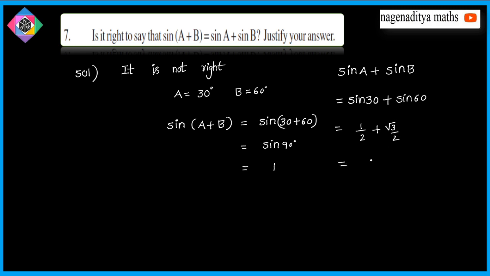So this is equal to root 3 plus 1 by 2. So this is the value of sin A plus sin B, and that is the value of sin of A plus B. Both are not equal. Therefore, what we can conclude is sin of A plus B is not equal to sin of A plus sin of B.